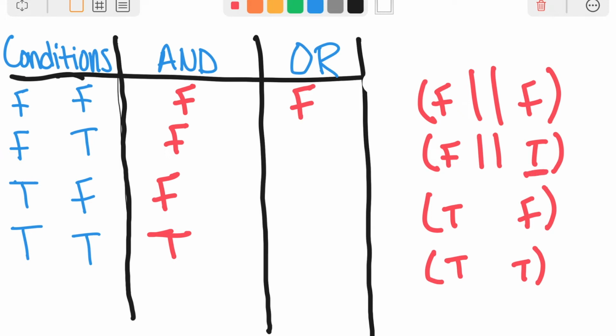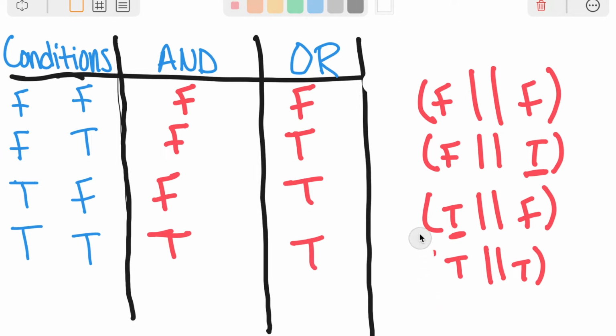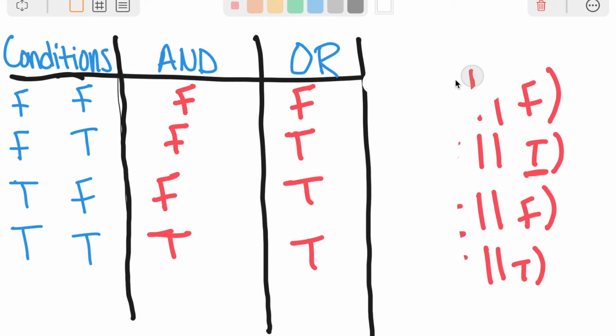So since this is true, this would be true. Let's go here. True or false? Well, this is true. Remember, one of them can be true or all of them, but at least one. So this is true. Well, both are true, so this would be true. So that is really simple.